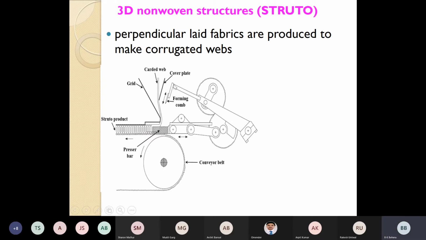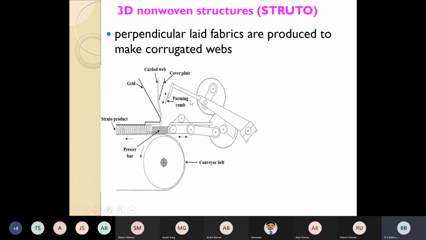And look at this. This is a forming comb. The job of this forming comb is that it descends down to this platform. So the web is coming from this side, laid down over this platform. What this forming comb is doing is pushing the web to make it vertically laid.